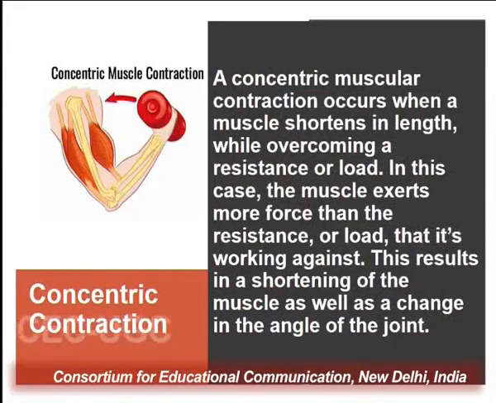Let's see the concentric contraction. Concentric muscular contraction occurs when a muscle shortens in length while overcoming a resistance or load. In this case, the muscle exerts more force than the resistance.